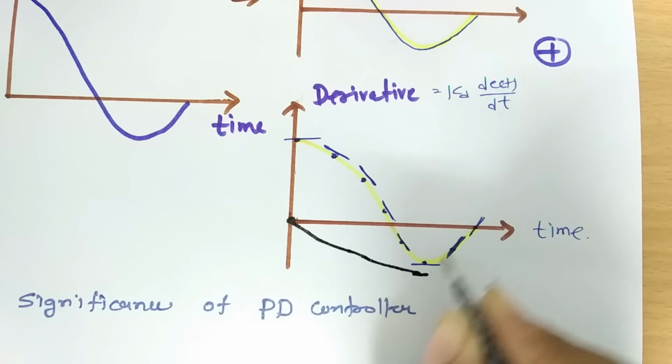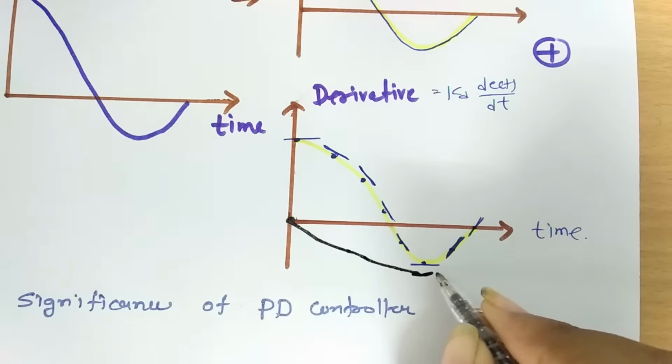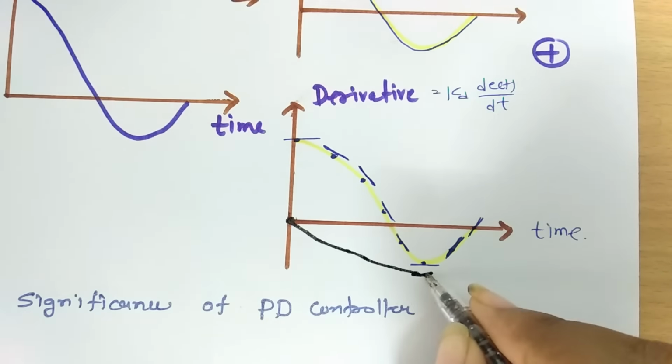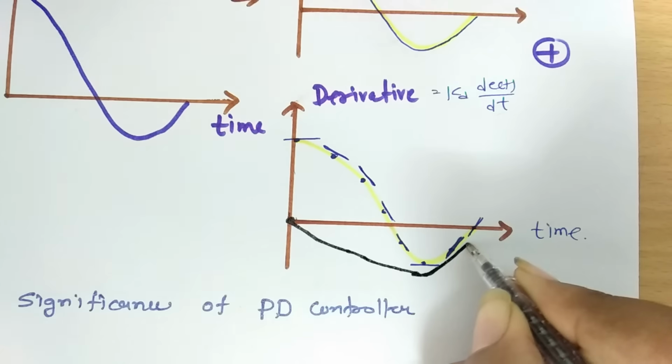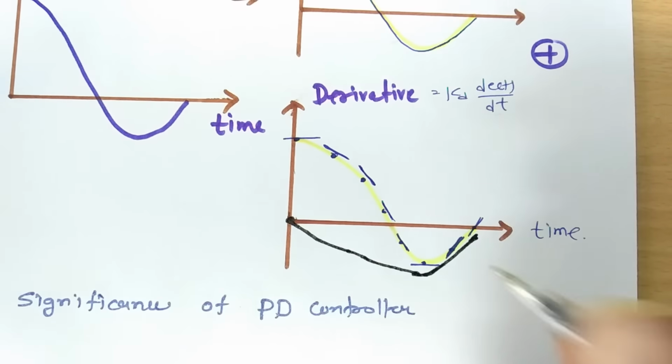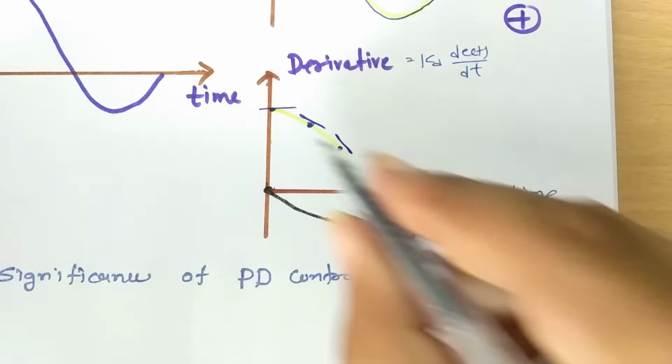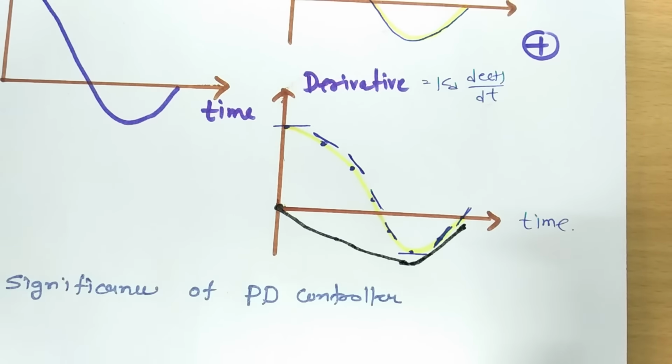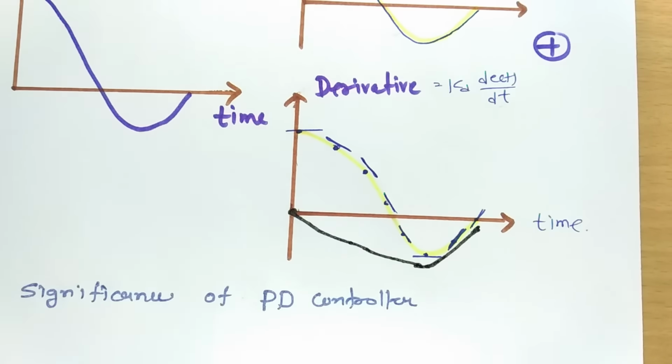Now from here the slope is positive, so the output will start to increase positively. This is how we can understand the output of the derivative controller. The output of the derivative controller is purely based on the slope of the error signal line. If that slope is negative, the output will increase negatively. If the slope is positive, the output will increase positively.